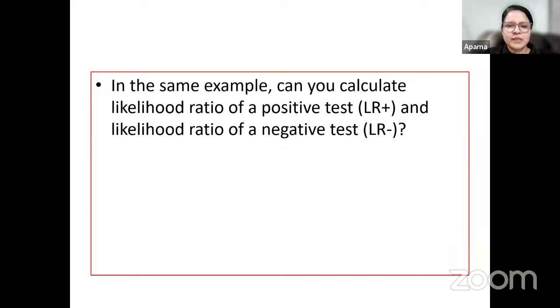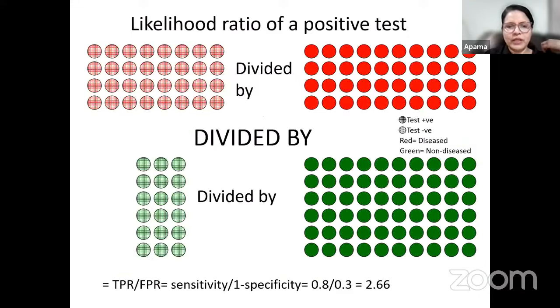So now let us move one step further and discuss what is meant by a likelihood ratio of a positive test and likelihood ratio of a negative test. This is the last part of the example on diagnostic test utility. These two terms are again quite useful to understand, when you get a positive test, what is the interpretation that we should have as a clinician? Likelihood ratio of a positive test basically means true positivity rate divided by false positivity rate. Or in other words, it is sensitivity divided by 1 minus specificity.